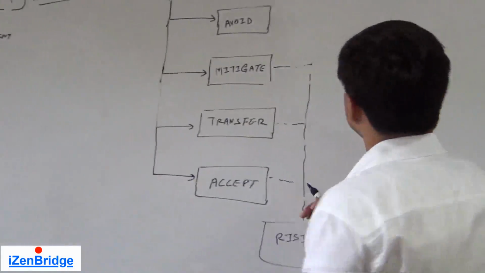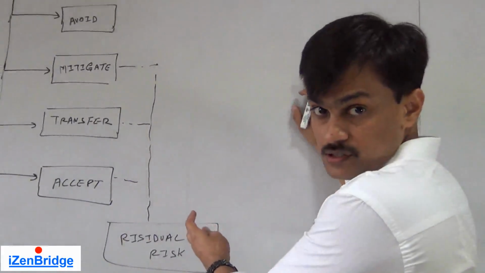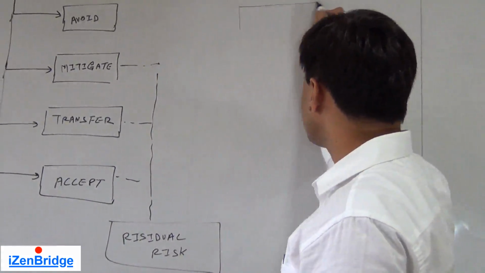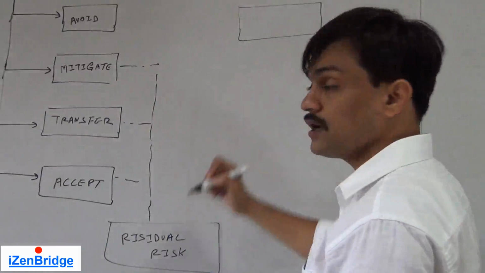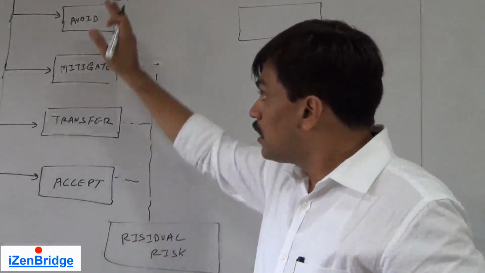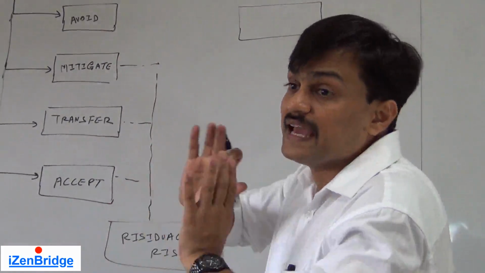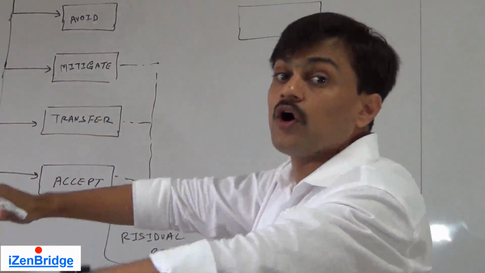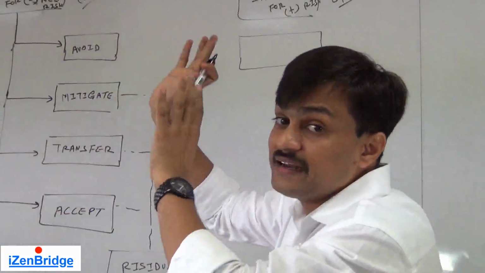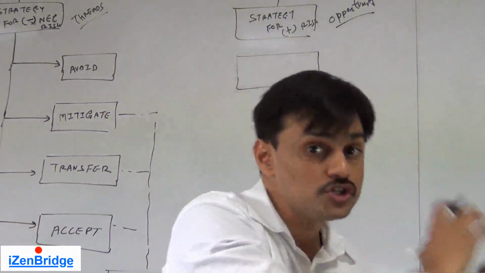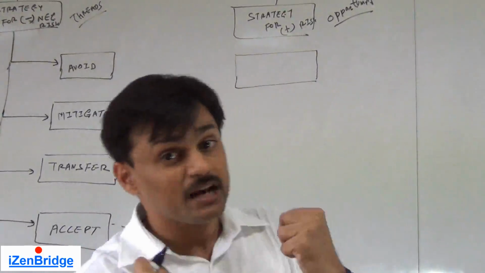Let's look at the positive risks. The first equivalent of avoid in case of positive risk is exploit. When we were discussing negative risk strategy, we were trying to avoid the situation or reduce the probability of that event happening. When we are thinking of a positive risk or an opportunity, we are trying to make that possible.